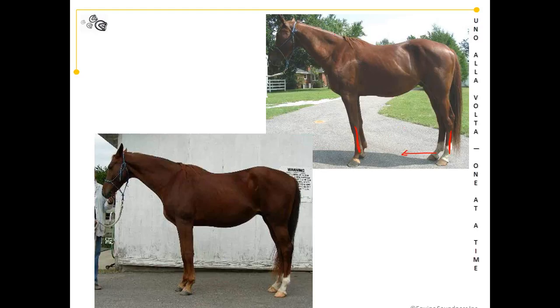Another thing that you see is that he has a dip in the top line. And this dip comes directly from loading the toe, not loading the heel, having this cannon bone slanted backwards, and up in this direction is muscle tension.